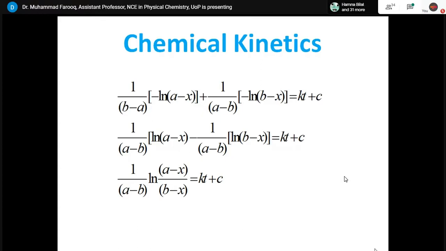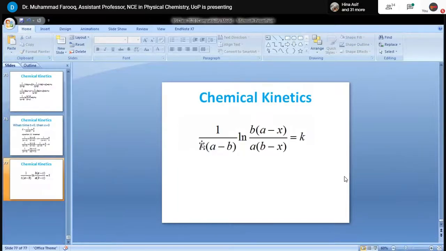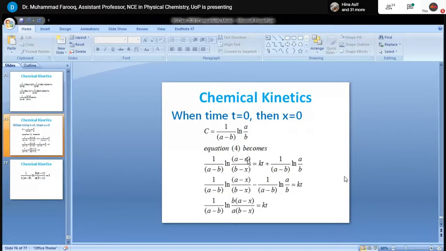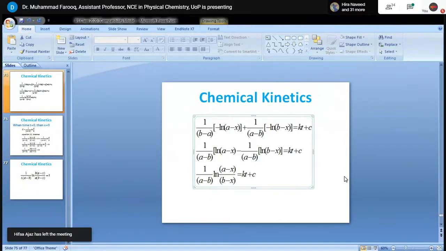Again, plus 1 over a minus b, minus sign is here, you can see minus 1 over a minus b. So minus plus, before it was plus, so it will become minus. Minus sign is already there.